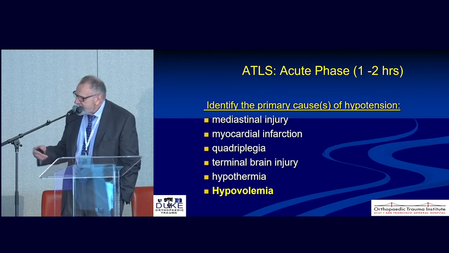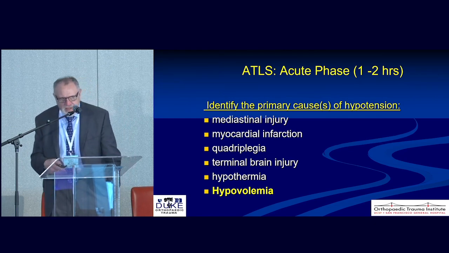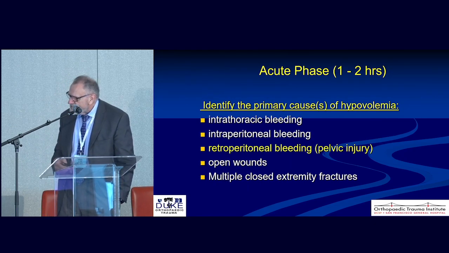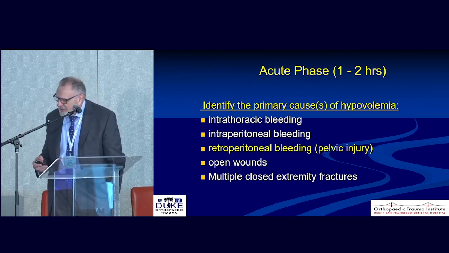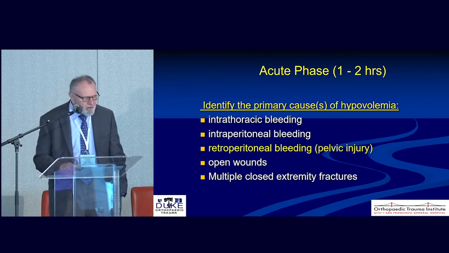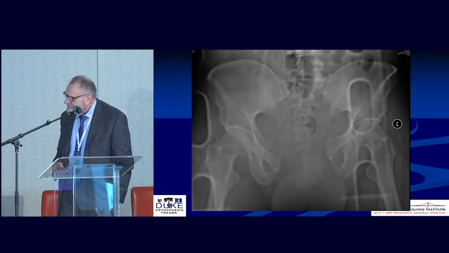So in ATLS speak, there are all these different reasons for hypotension, and of course we're concerned with the hypovolemia aspect in this particular case. And of course there are 5 places you can bleed with ATLS, right? In the chest, in the belly, in your extremities, on the ground, or in your retroperitoneum. And so that's certainly a concern for this case.